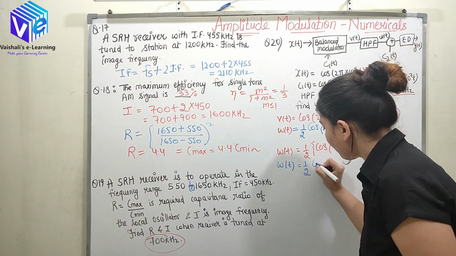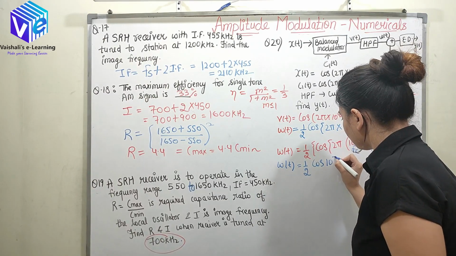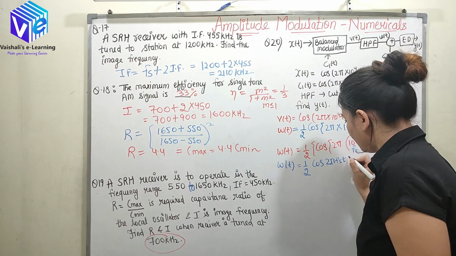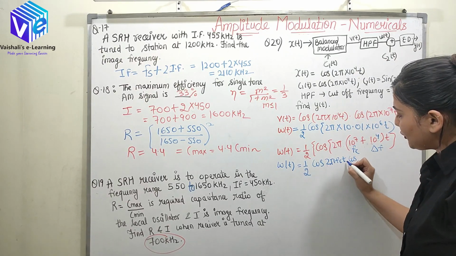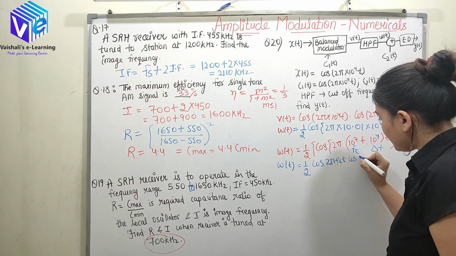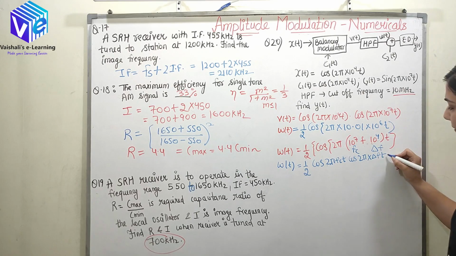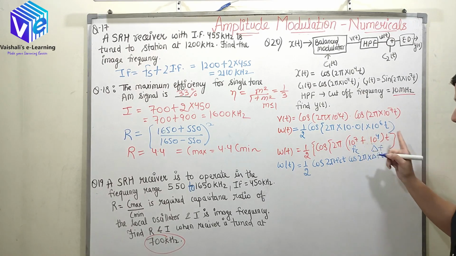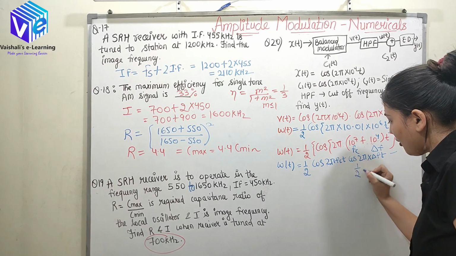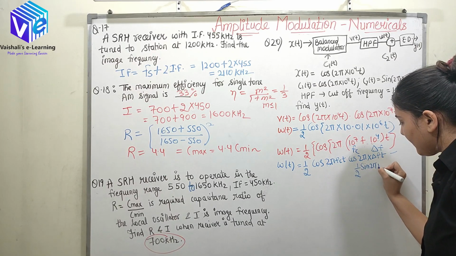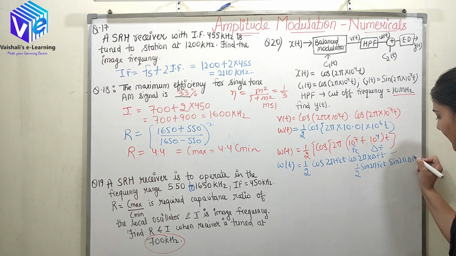So it is half of cos of a into cos of b. So a is 2 pi into fct. What is cos of b? Cos of 2 pi into delta f into t. So cos of a plus b is cos of a cos of b minus sine of a sine of b, so minus sine 2 pi fct into sine 2 pi delta f t.